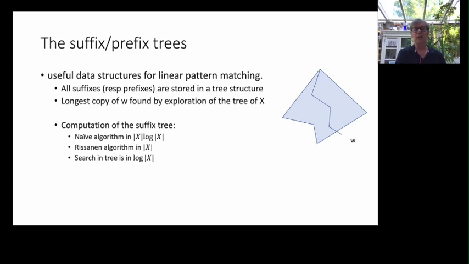There is a naive algorithm, which, since it is a trie, is in x log x. But since a suffix has a unique sequence, there is Rissanen's algorithm, which does it in linear time. The search in the tree is in log x, the height of the tree, basically.